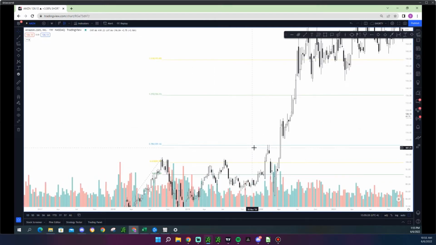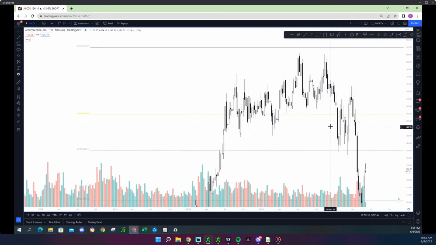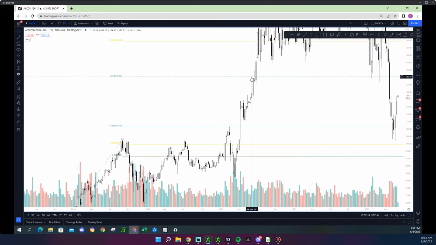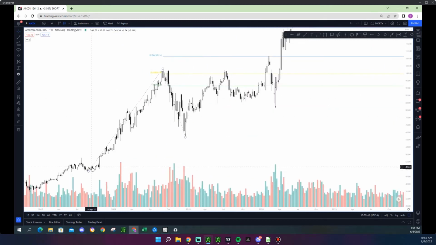I would say it worked pretty well. 78.6, 127 hit on the dot. We accumulated here forever, or distributed on Amazon, but all the levels pretty much hit that you needed to hit. So that's how you can use the fib extensions. It's 3 points: low, high, to the next retracement. And from that retracement, it gives us the new targets.